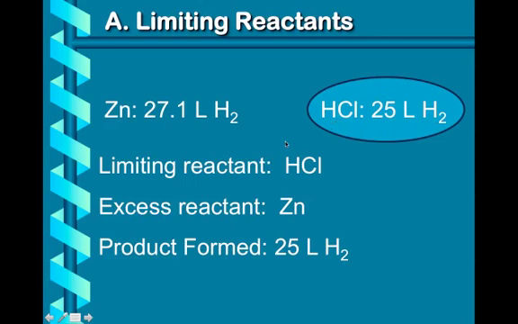The lesser amount comes from the hydrochloric acid, so we call that our limiting reactant. That limits how much hydrogen gas can be produced. That's the most we can produce. The excess reactant is everything else, and that's zinc in this case. The amount of product formed is always equal to the amount that the limiting reactant can produce.